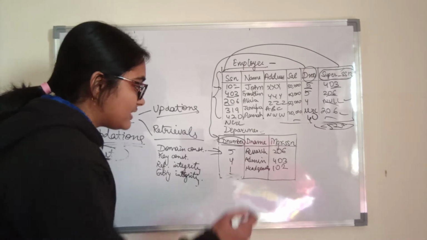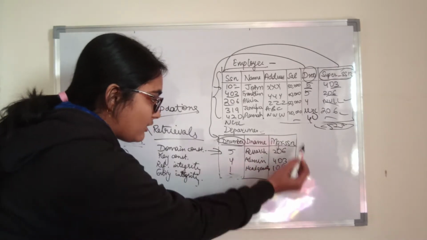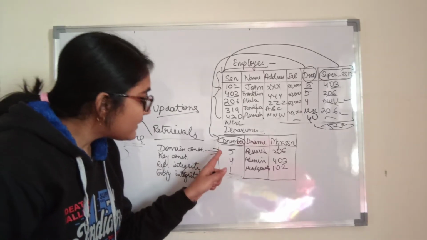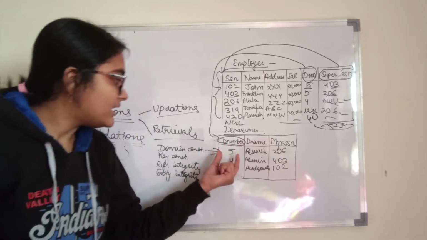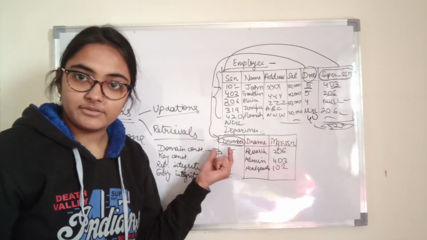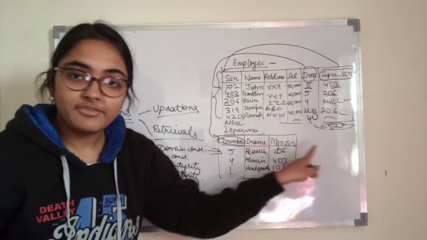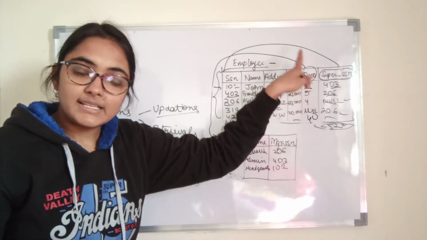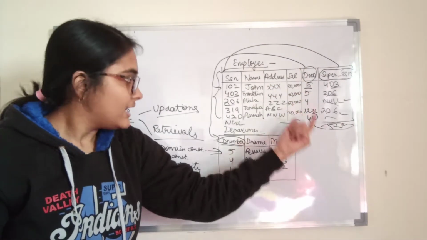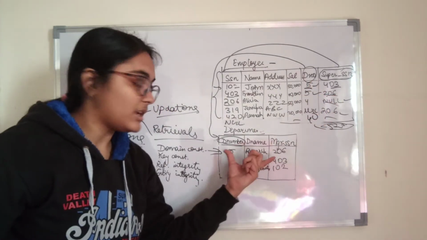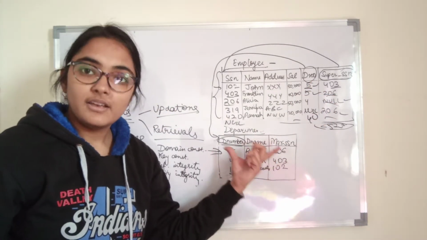Let us see if the deletion of this tuple leads to referential integrity constraint violation. If we are deleting the department number 5, is there any tuple that is referring to it? Yes. Two tuples from this relation are referring to this particular tuple having department number 5, right?